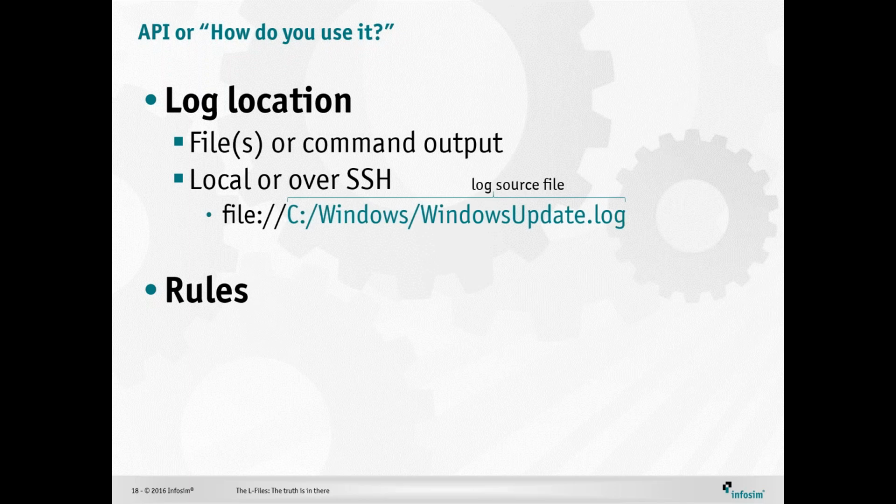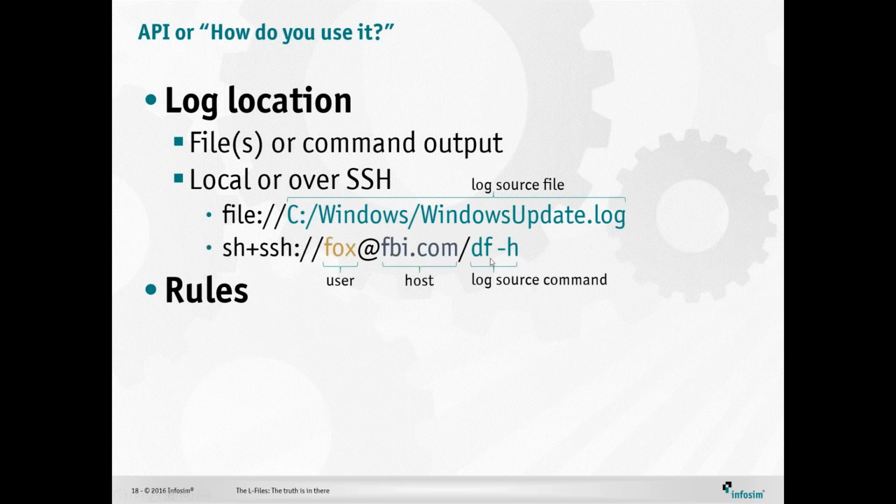For example, on a Windows machine, you might want to specify the C:\Windows\WindowsUpdate.log file using this URL log location specification. But you might also want to use the disk-free command on the fbi.com host with user Fox.